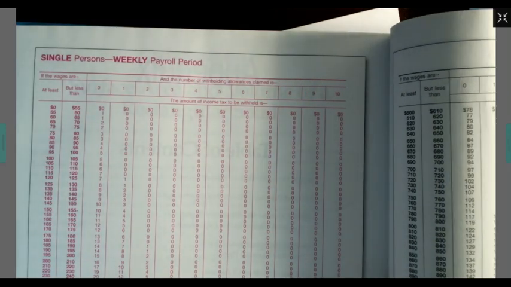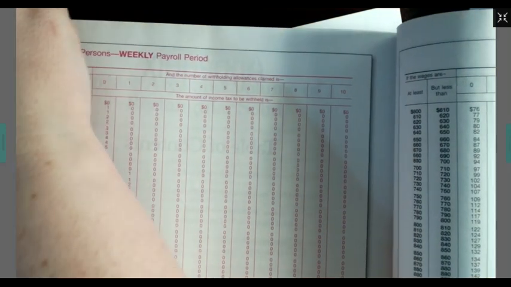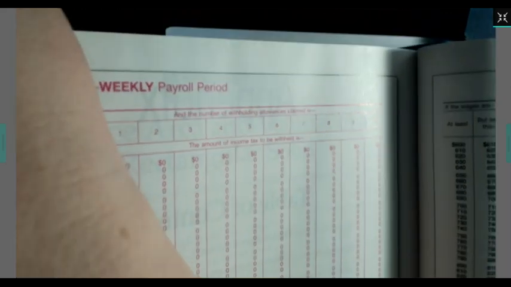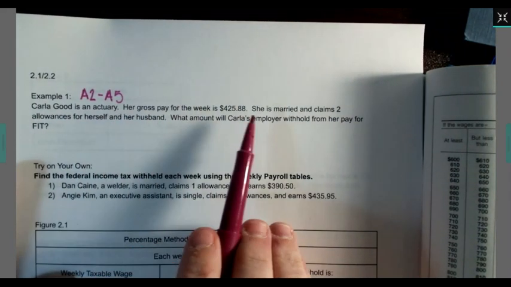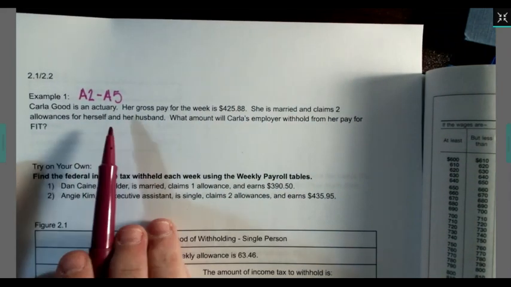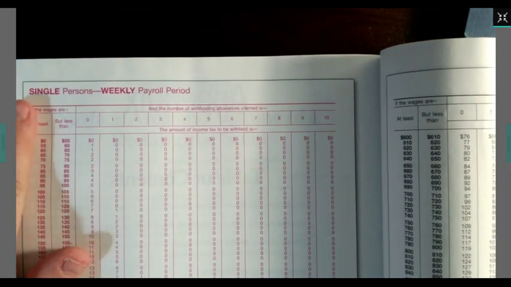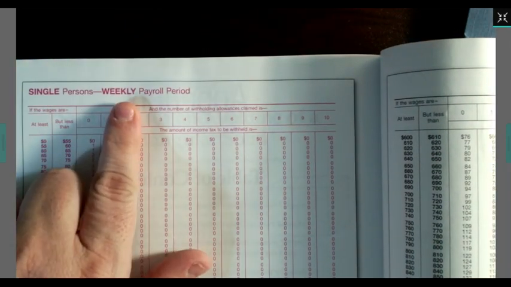Okay, the first thing I notice about this particular question is that Carla is married, and she claims 2 allowances. So right here, this says single person's weekly payroll.